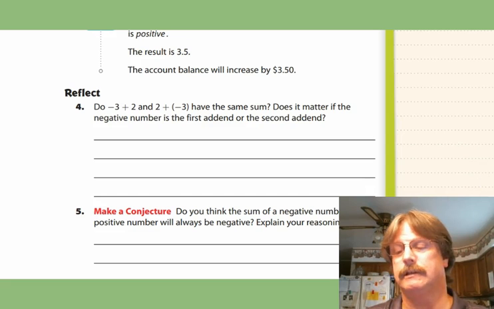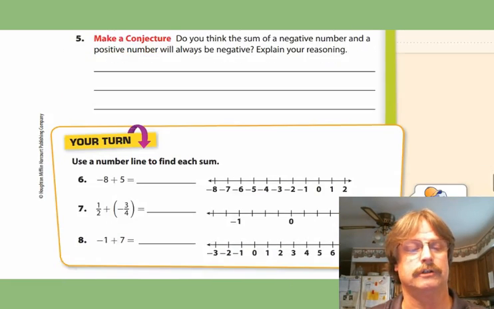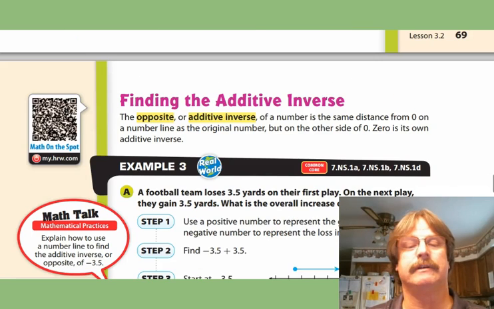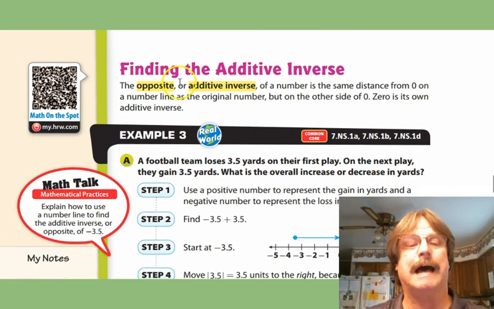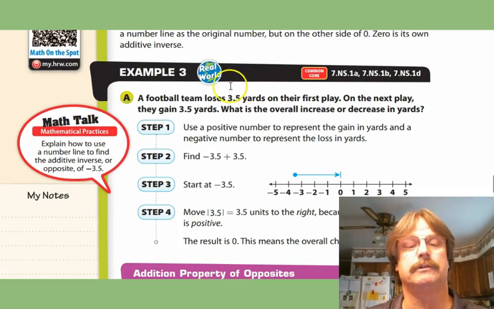So getting into the last piece here, you have to do your reflect questions and your turns, and then we have additive inverse, which is the opposite of the number. That's the same distance from 0. So they give you an example here. A football team loses 3.5 yards. So we highlight that. That's going to be negative.